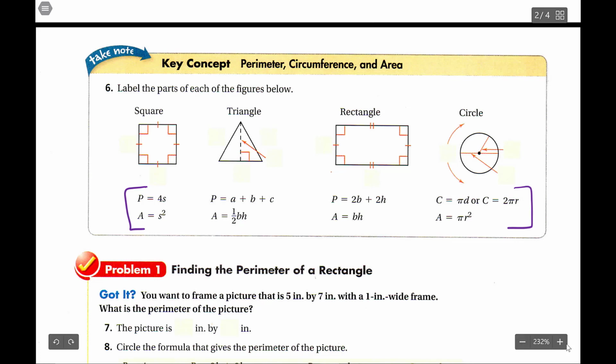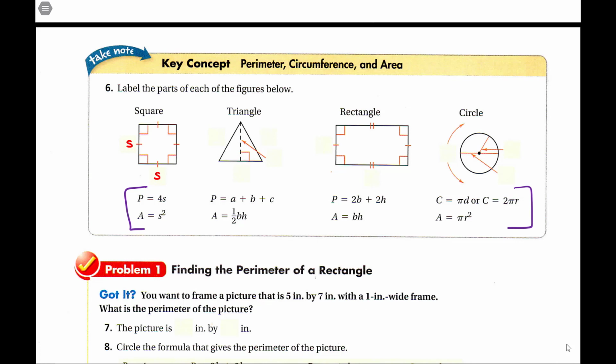For the first one, we have the square, and the perimeter is the side multiplied by 4, or you could just think of it as adding all 4 sides together for a square. Because one of the key definitions of a square is that all sides are equal. So you could take one side, multiply it by 4, and you have the perimeter. The area of a square, you take one side and you square it, and that'll give you the area.